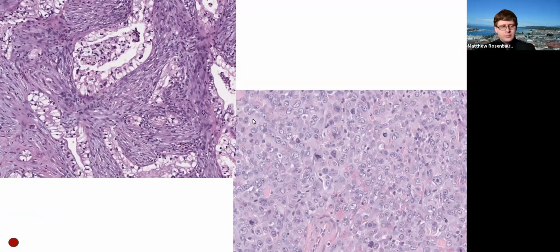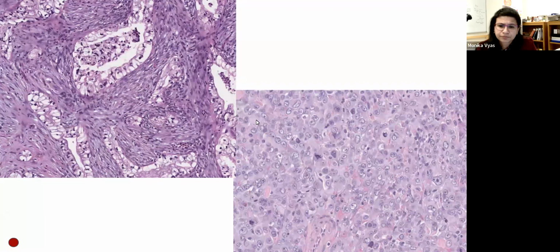You can also appreciate that some of these cells have eccentric eosinophilic cytoplasm, so a sort of rhabdoid looking morphology. So it would be prudent to do INI1 and BRG1 stains on cases like this, because these could be associated with mutations in one of the SMARC genes. So that's an example of a poorly differentiated or undifferentiated neoplasm.